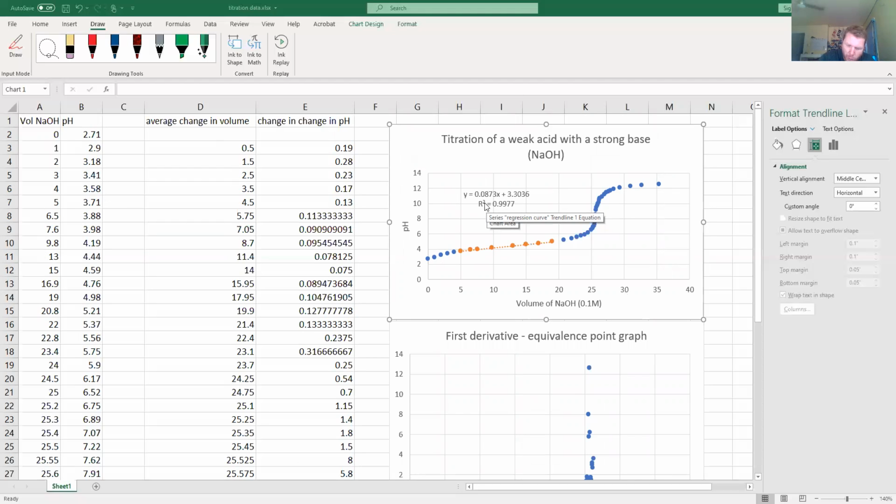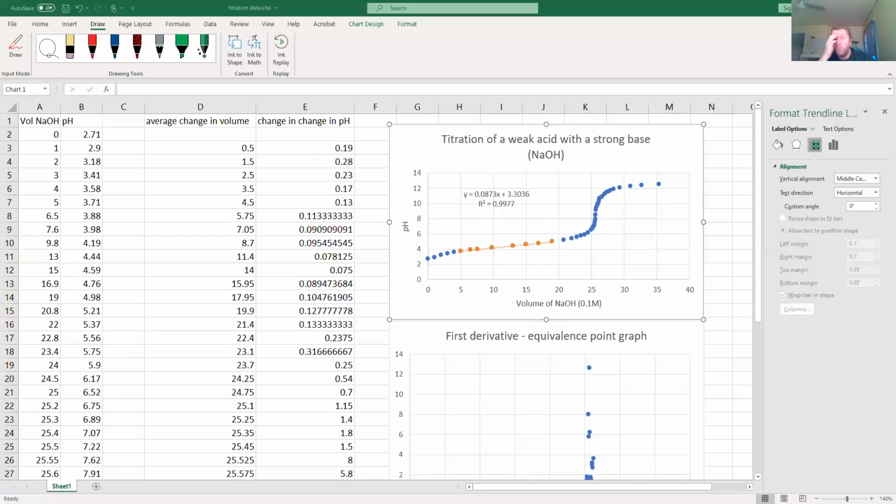So now I have an equation that reads Y equals 0.0873 times 12.825 plus 3.3036.